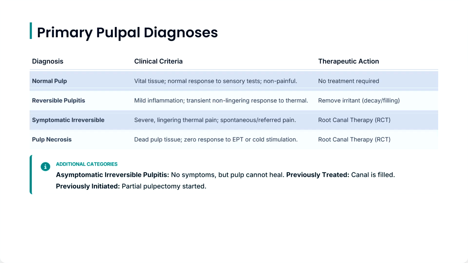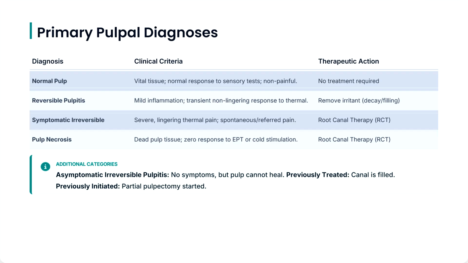All right. Now your textbook, the test, and the RDA examination, they like to differentiate between pulpal diagnoses and apical diagnoses. So pulp is the pulp, right?